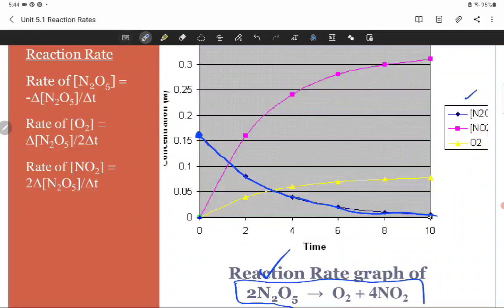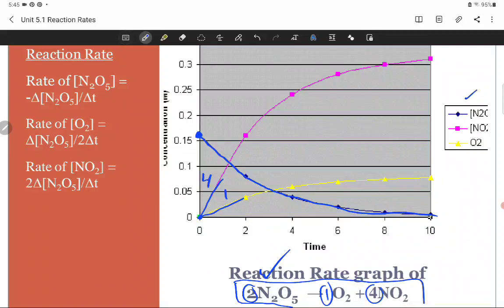But those rates have to deal with the coefficients, the 2 to the 1 to the 4. If we would look at the two products, they should start off at 0 because you have no products at time 0. And they don't go up at the same amount. It's hard to tell with a curve, but this is the coefficient 4 compared to the coefficient 1.